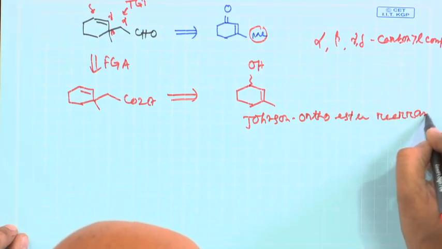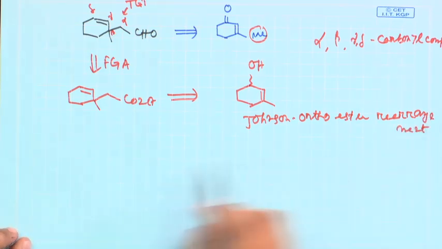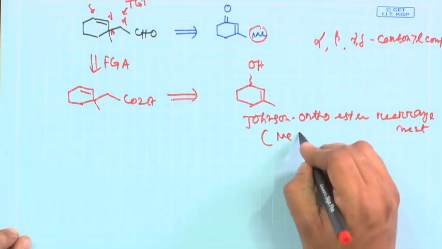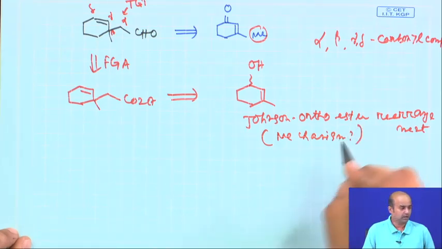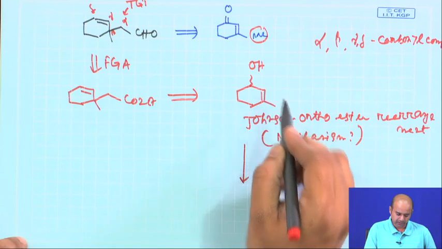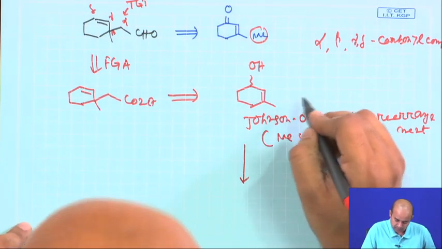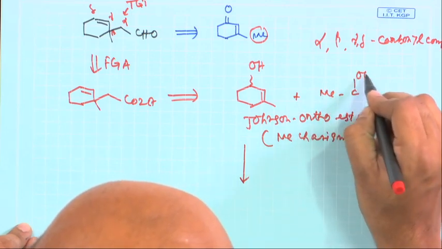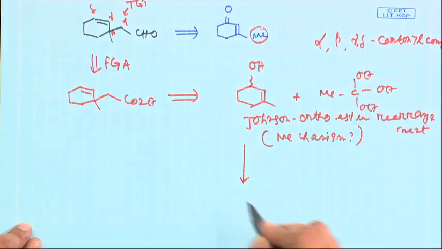Probably in the next subsequent section we will talk about this rearrangement and its mechanism in detail. Once you have these starting materials, you can do the Johnson orthoester rearrangement, and the reagent used here is trimethyl orthoacetate.